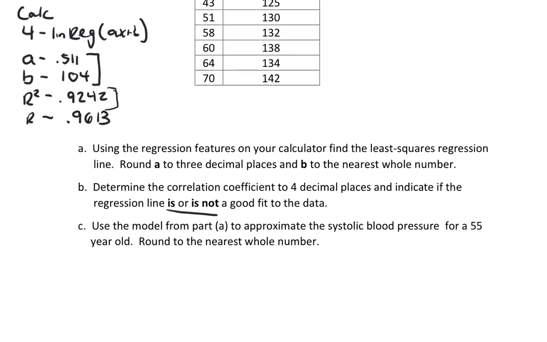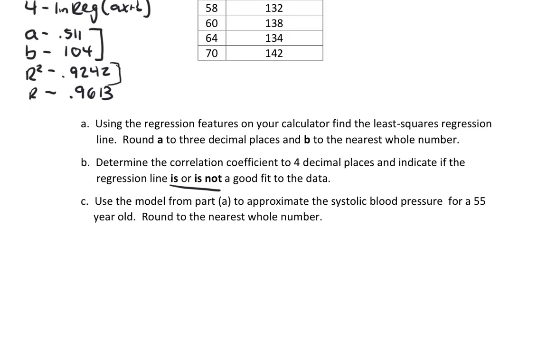But, however, we can go on to part C, and we can approximate the blood pressure for a 55-year-old. So if we have Y equals AX plus B, Y is equal to 0.511 times that 55 years old, plus the 104.